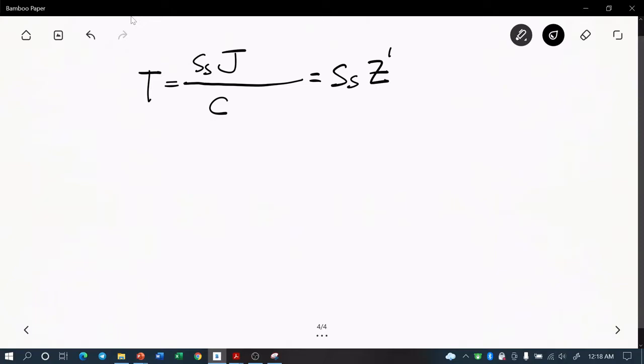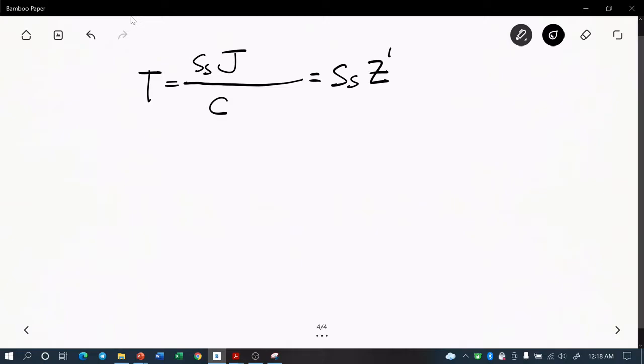This Z prime is the polar section modulus, and you can find the equation to solve for the polar section modulus in table 81. But for this particular problem, we're more interested in using this J in order to solve the requirement.